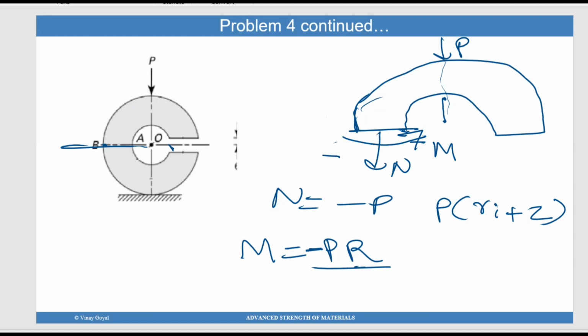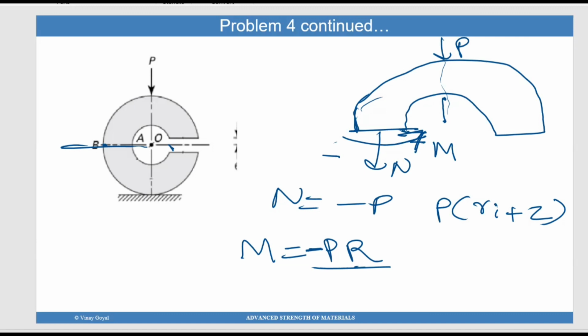Oh, okay. So that way it's opposite. So there is P, then there is M. So then M must be PR, not minus PR. Is that correct? Right, if you take them down. Correct. So it'll be M plus PR equals 0, or M minus PR equals 0.